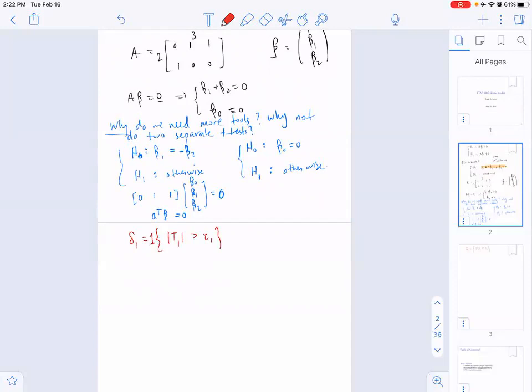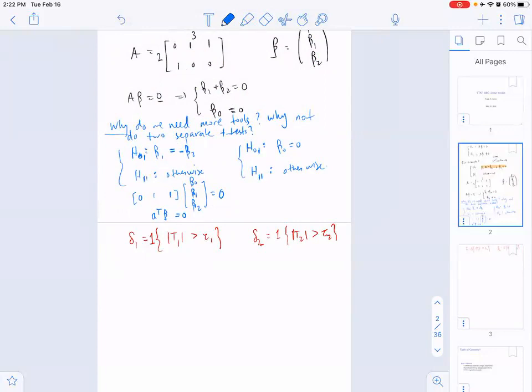So you'd output 1 if this holds, otherwise 0, and then you'd have a delta 2 that outputs 1 if a different T statistic, compared with its threshold, rejects, and 0 otherwise.